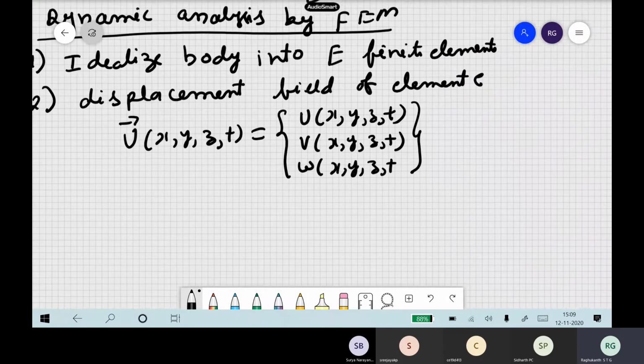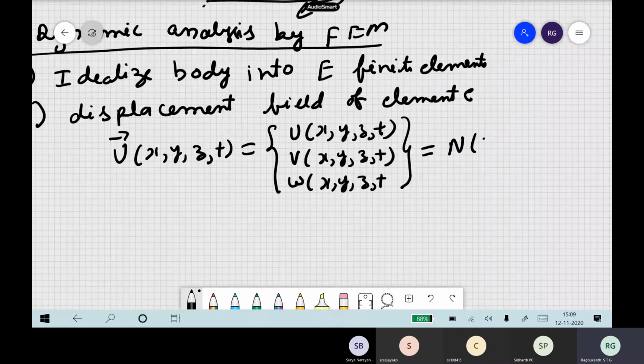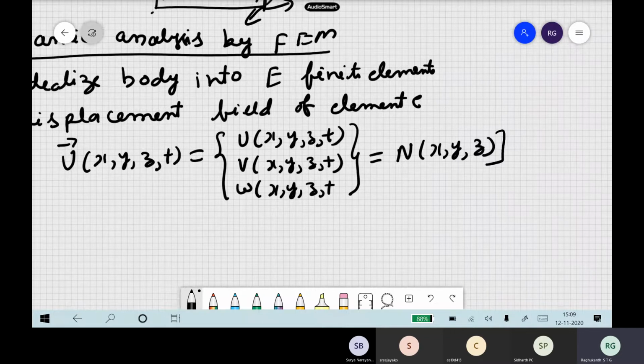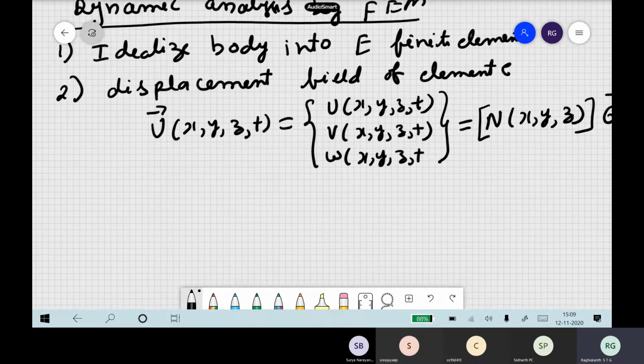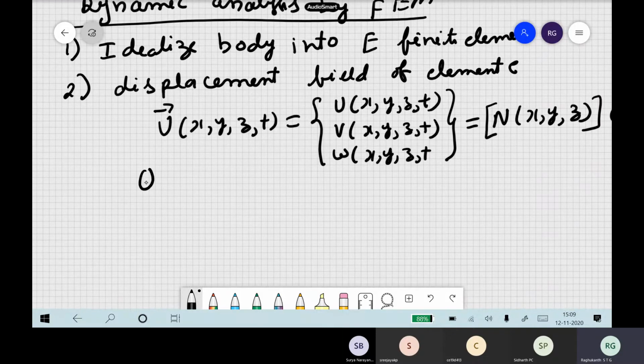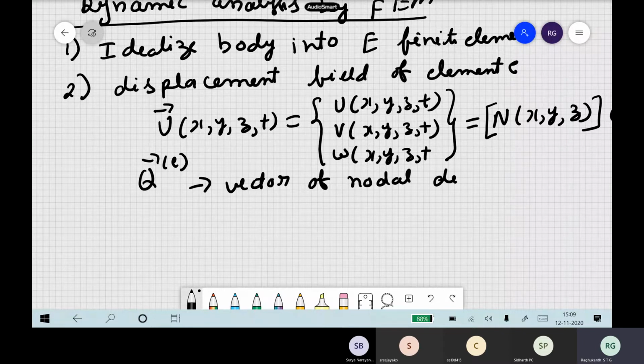So for each element you can write like this, in terms of shape functions. The shape function is a static thing; it doesn't depend on time. So one can write this as N times Q^e(t), the vector of nodal displacements. And we assume that they are all functions of time.